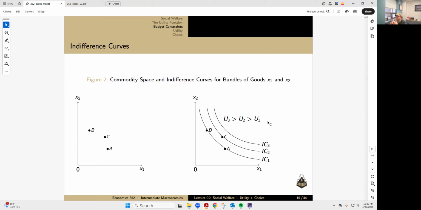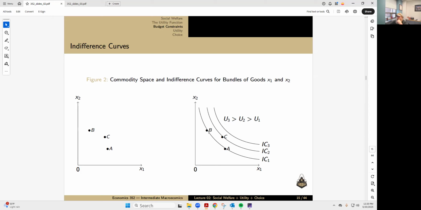Okay. Now, graphically, we want to be able to represent levels of utility. And so what we came up with in order to do that is the so-called indifference curve. An indifference curve is just a curve that represents a utility level, and all of the bundles along that curve generate the same level of utility. So, for example, here on indifference curve 1, we can see bundles A and B both fall on that indifference line.